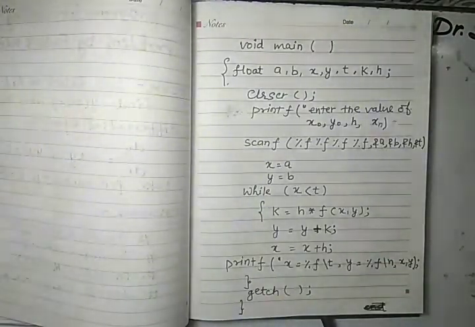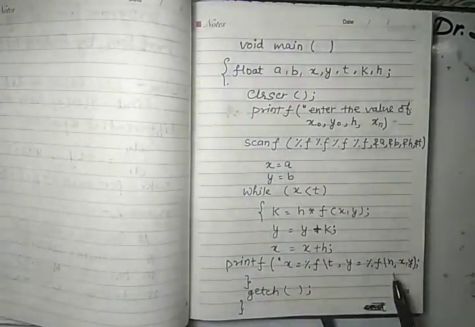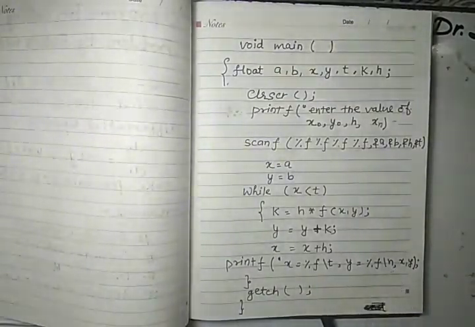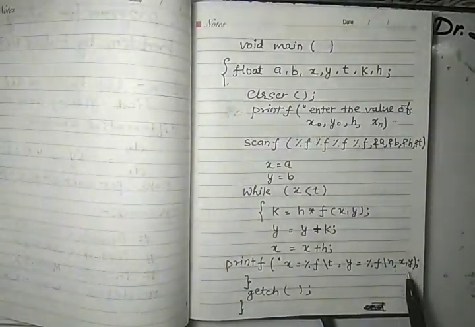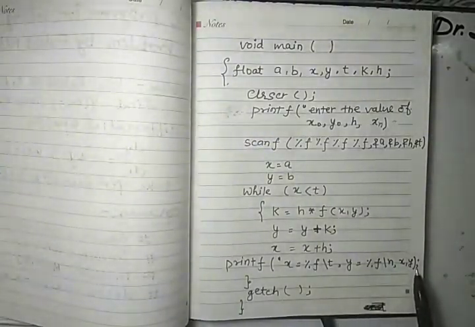So there are many lines in the output, and each output comes in a new line, that is the value of x and y.